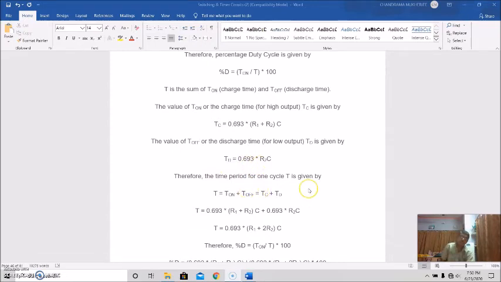Therefore the time period for one cycle T is given by turn on plus turn off, that is equal to charging time TC plus discharging time TD.